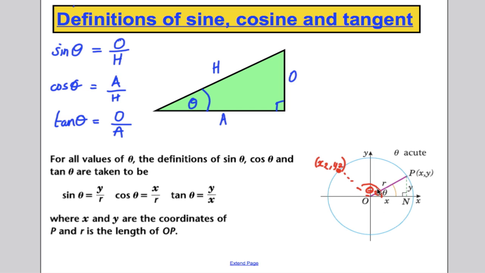We can still define sine theta, cos theta and tan theta using these coordinates, and it would be the same. Sine theta 2, for example, would be y2 divided by r, cos theta 2 would be x2 divided by r, and tan theta 2 would be y2 divided by x2, where x and y now are positive and negative numbers because they are moving around the Cartesian plane.